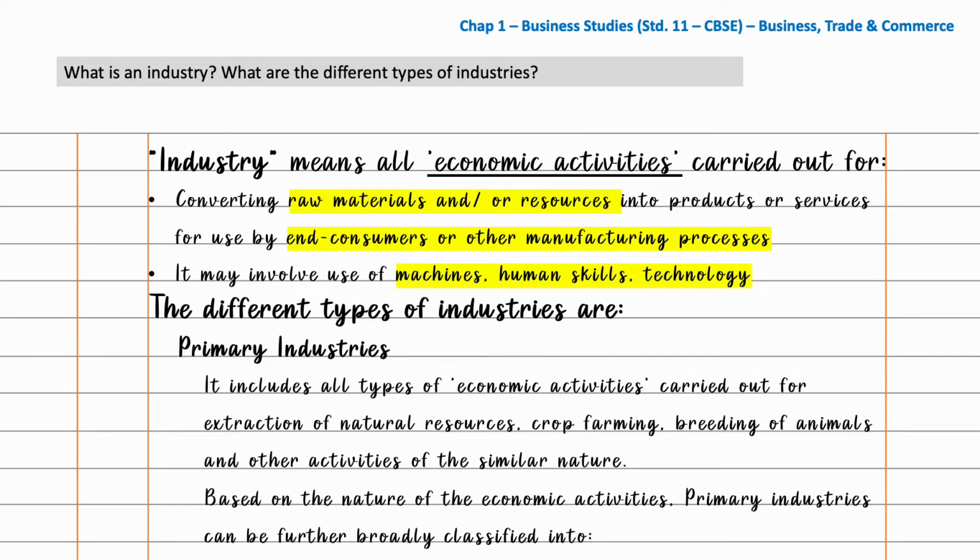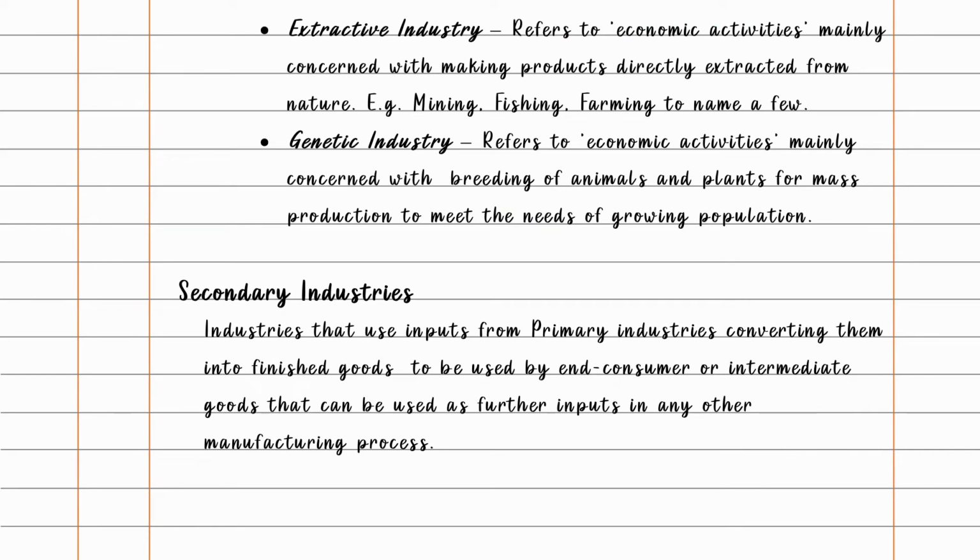So based on the nature of the economic activity, primary industries can be further broadly classified into two parts, which is the extractive industry and the genetic industry. So essentially, what we've spoken a little while back, we have just segregated into two parts. One being the extractive industry, where we are trying to extract something from below the earth.